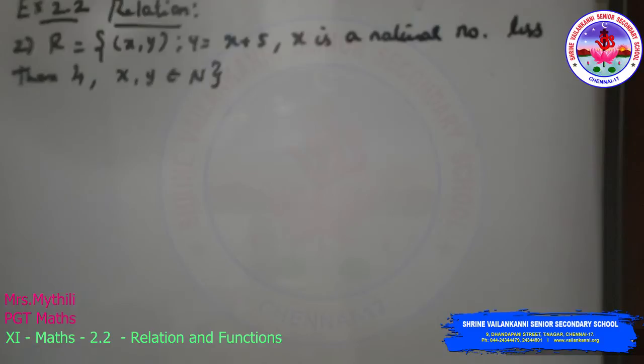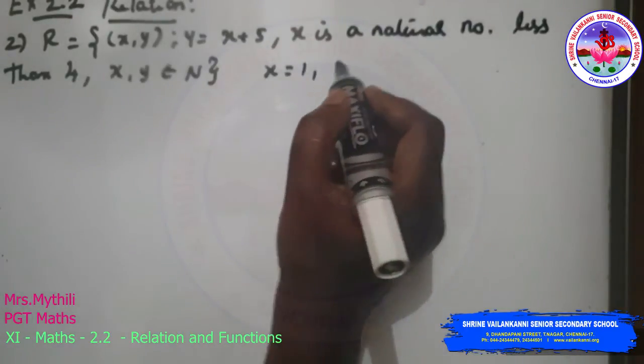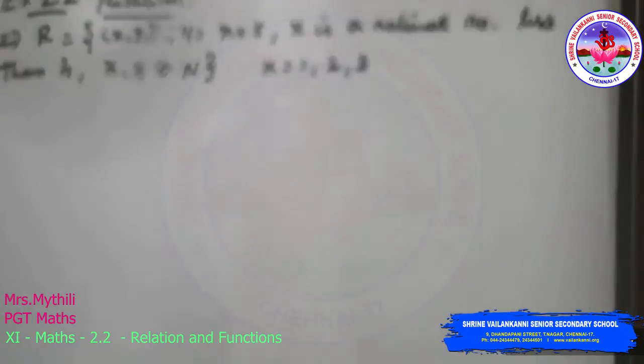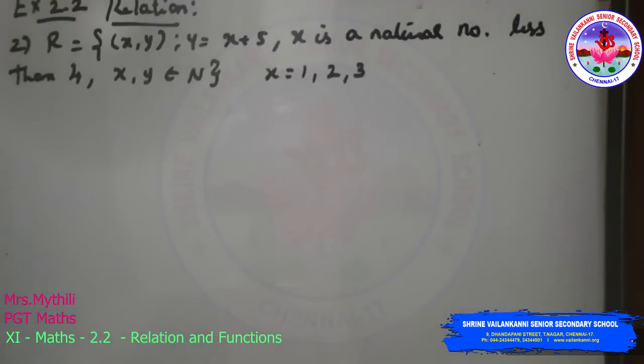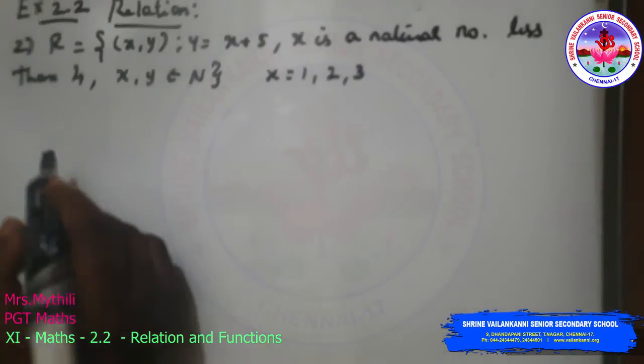So the relation is given as R = {(x, y) such that y = x + 5}, and x is a natural number less than 4. So x is a natural number less than 4, or x is equal to 1, 2, 3. Substituting these x values in y, we get the ordered pairs.